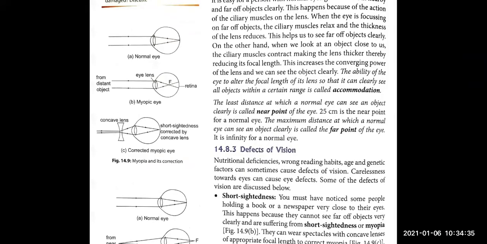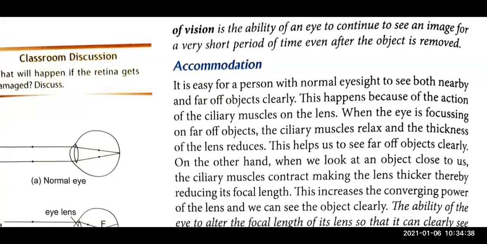Persistence of vision is the ability of an eye to continue to see an image for a very short period of time even after the object is removed. The object is removed, but the image is still there on the retina, and this ability of the eye is called persistence of vision. Right, children?